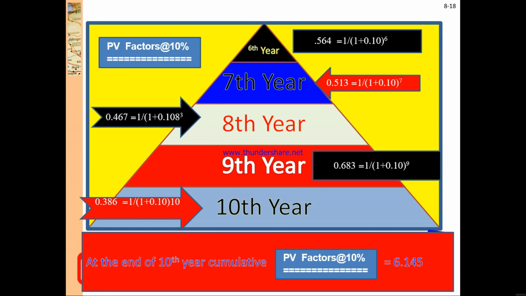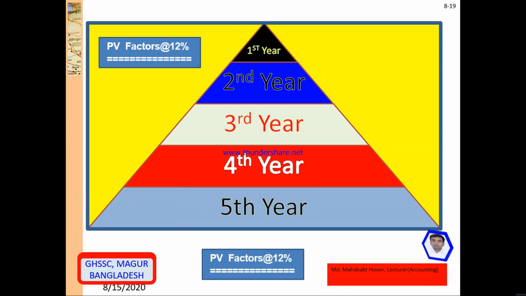At the end of the 10th year, the cumulative present value factor at 10% is 6.145.